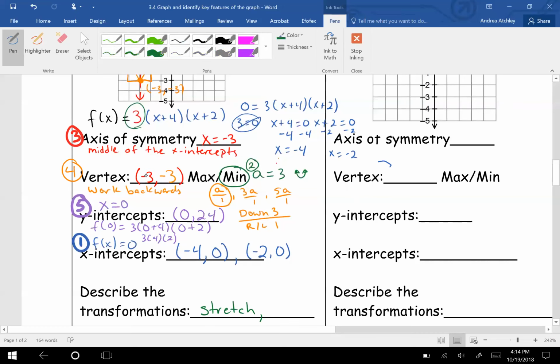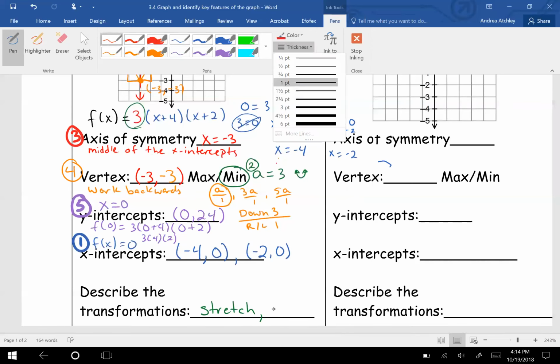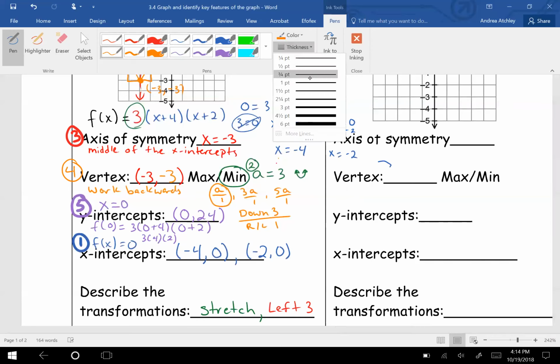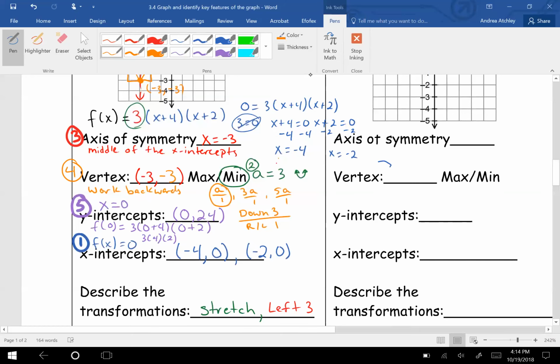So the x value is -3, so I'm moving to the left 3. And then the y value is -3, so it tells me to move down 3.